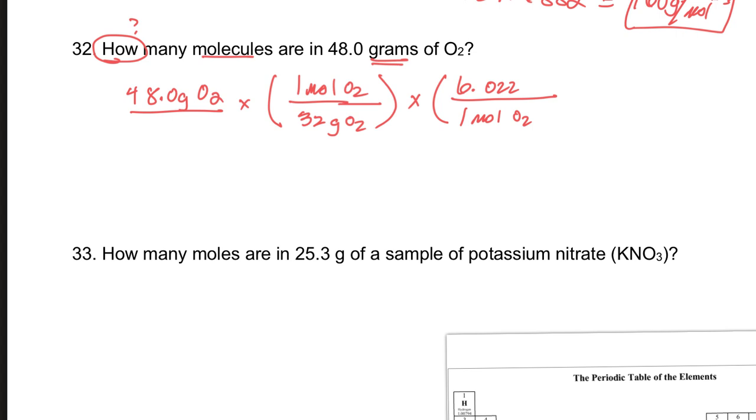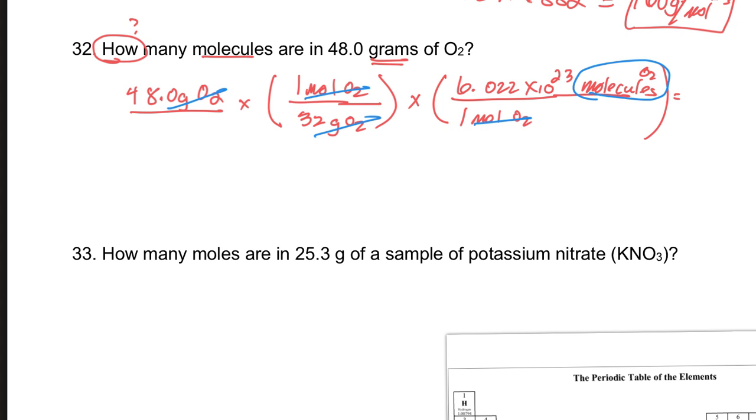So it's 6.022 times 10 to the 23rd. And in this particular case, atoms or molecules would be the same thing, of O2. And so here we'll cancel the units that can cancel all the way across. And notice we're left with molecules of oxygen, which is exactly what we're after.